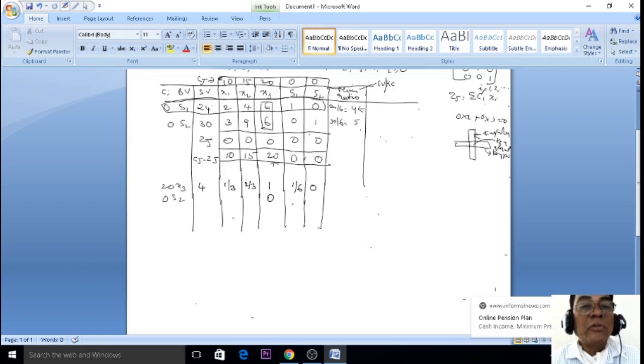Already we have changed the values in the key row and key column.